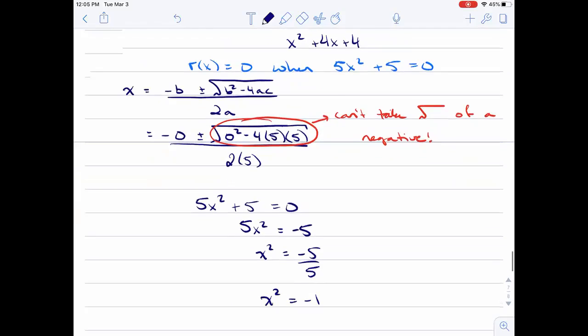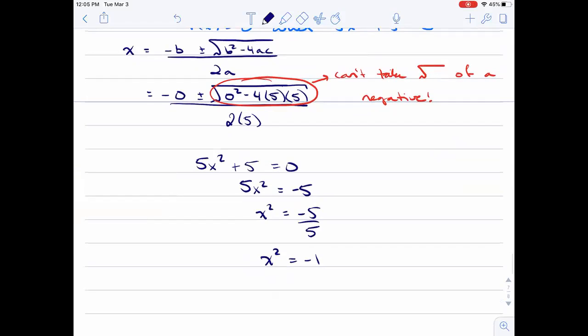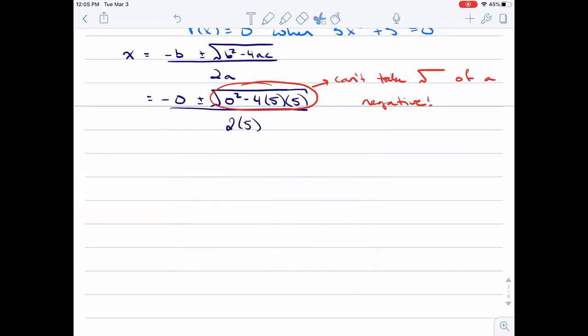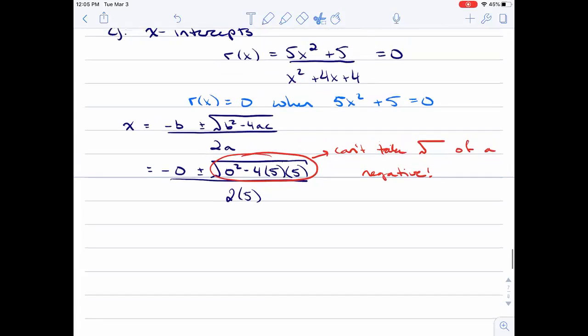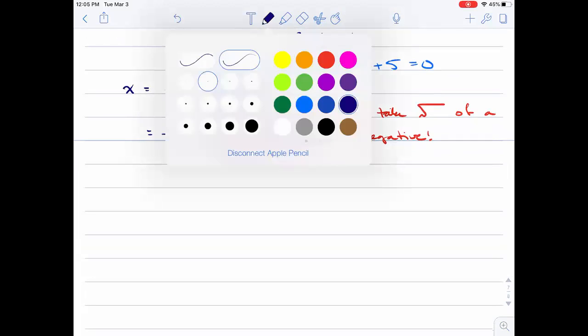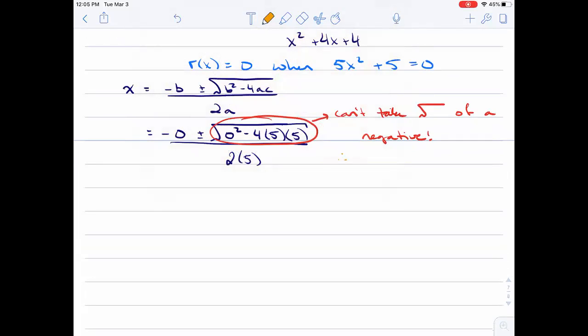So what I'm going to do here is, because we keep landing on, we can't take the square root of a negative, I think what we can do is just put the brakes on. I'm going to delete this here because we don't really need it. And so what I'm going to say is that therefore there is no x-intercept.